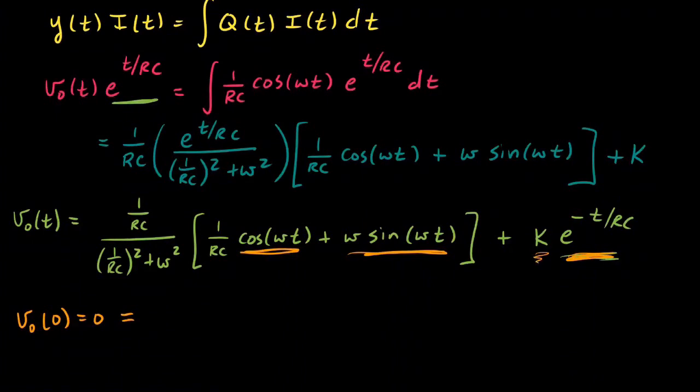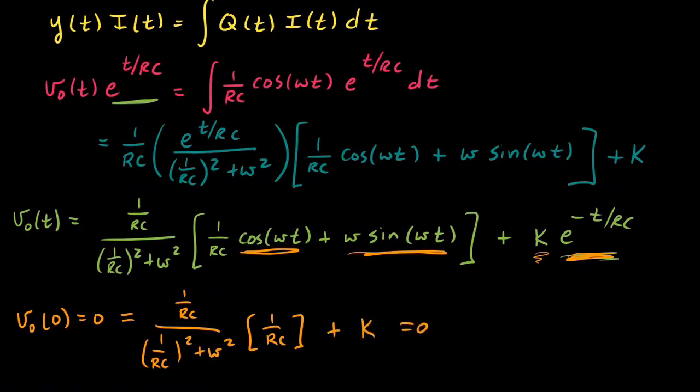So we're going to see something that looks like 1 over RC divided by 1 over RC quantity squared plus omega squared onto 1 over RC plus k equals 0.